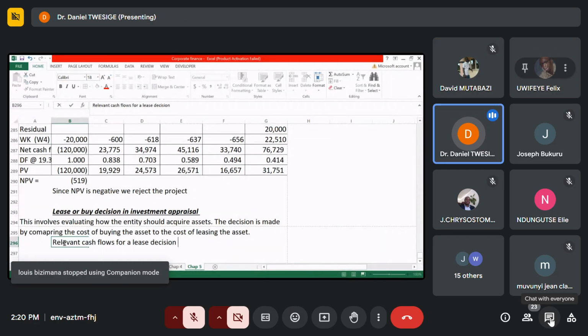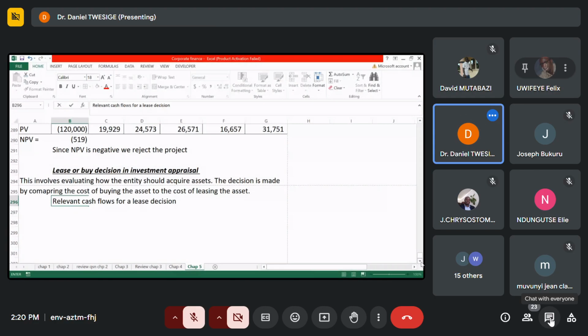Suppose you are deciding to lease, what will be the relevant cash flows? Number one will be the lease rental. The money you are going to be paying per year to lease the asset. That's going to be a relevant cash flow for your decision. Number two, a tax saving on the lease rental expense.